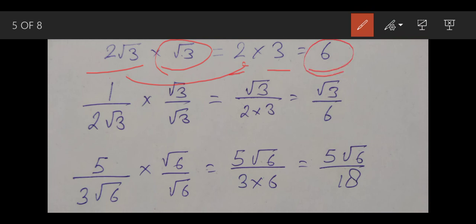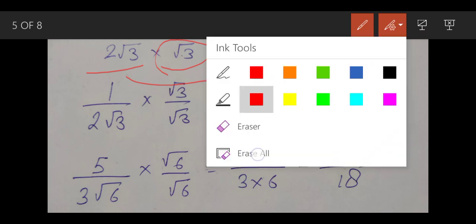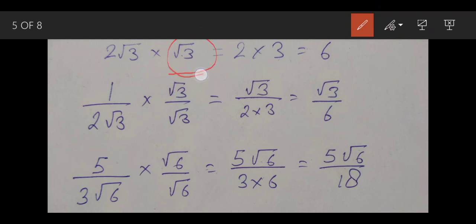So this root 3 is the rationalizing factor of 2 root 3. So the way we get a rational number for 2 root 3 is we will multiply it by root 3.